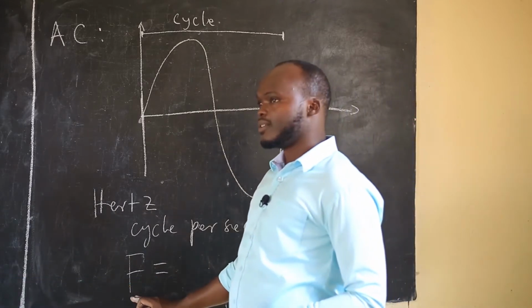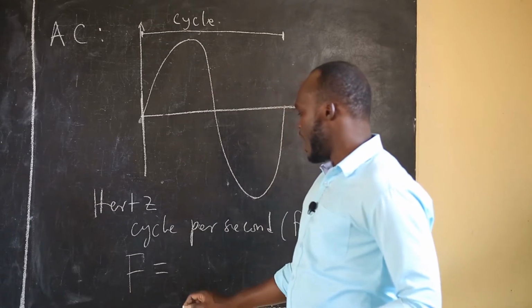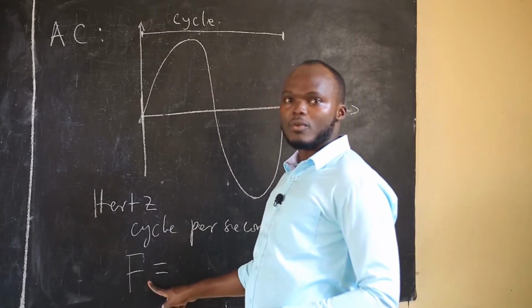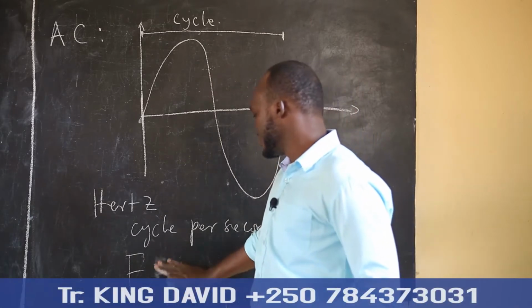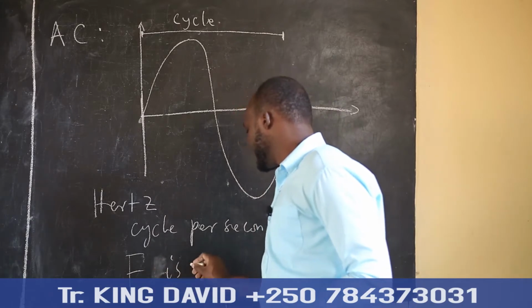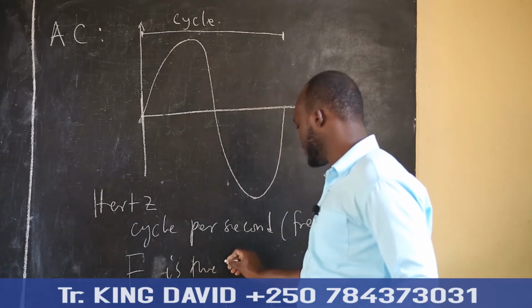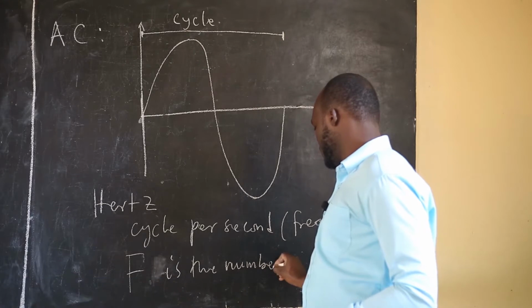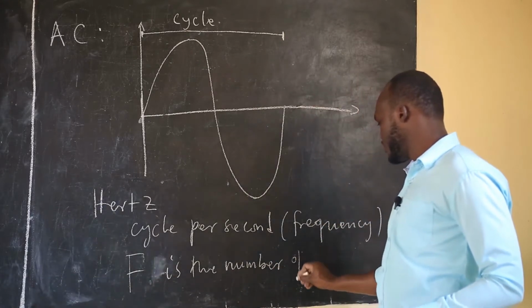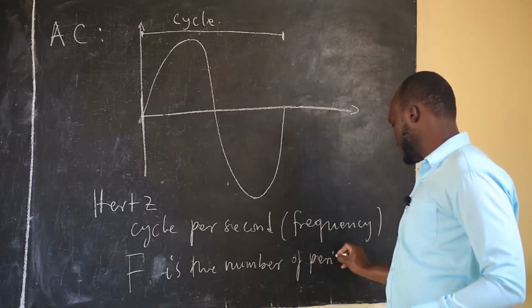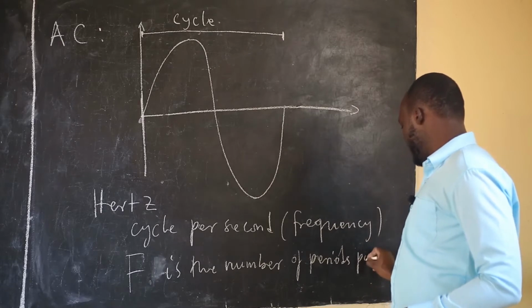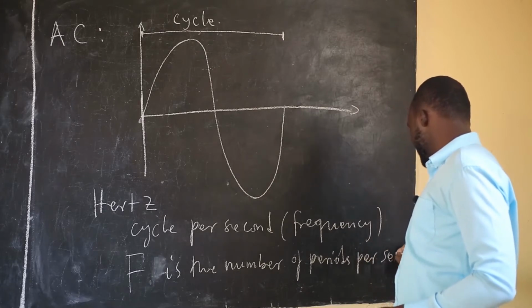You know that F, how do we get frequency? Frequency is the number of periods per second.